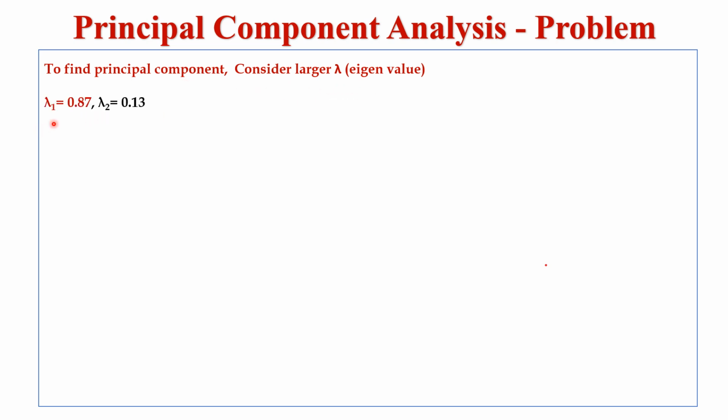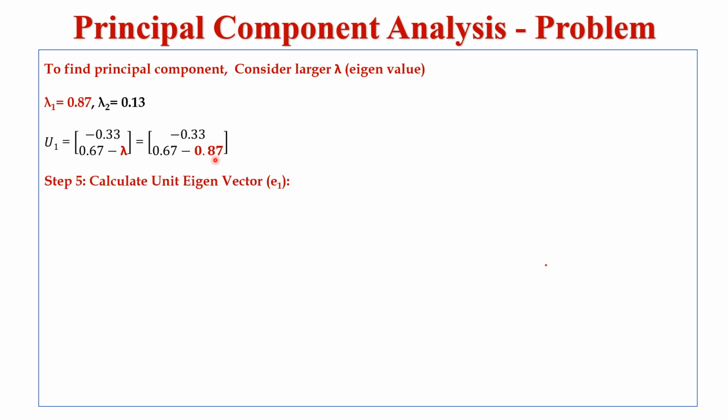We know that lambda 1 is equal to 0.87 and lambda 2 is equal to 0.13. This is the largest value, so we use this value wherever the lambda value is required. So u1 is equal to minus 0.33, 0.67 minus lambda, and instead of lambda we substitute the value 0.87.